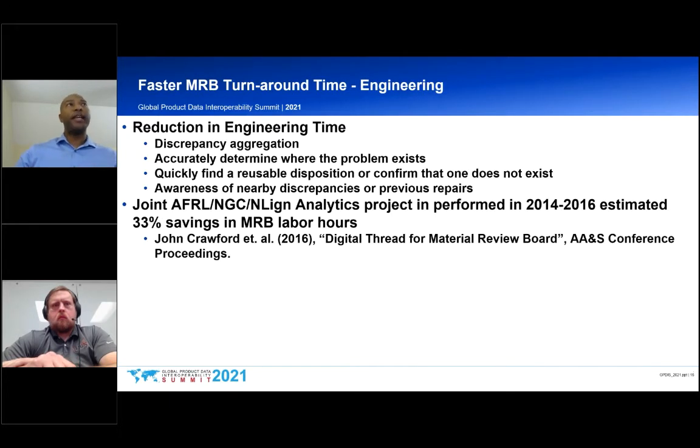You can also expect a reduction in engineering time, being able to quickly determine where the problem exists and determine whether there is a previous disposition that can be reused instead of redoing that expensive analysis over again. A joint project between AFRL, Northrop Grumman, and Nlign Analytics estimated a 33% savings in MRB labor hours in 2016.